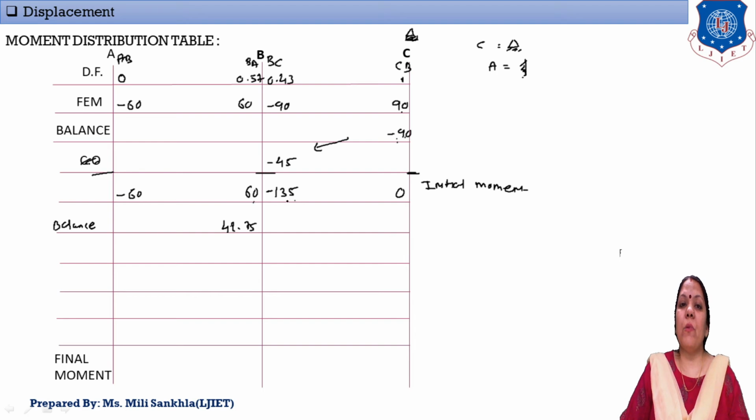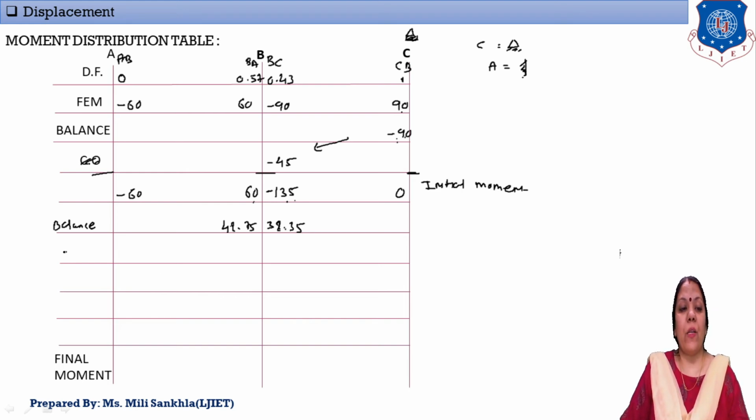Here the difference between these two unbalanced moments is negative, so that balance we take as positive, because if we take the opposite side the joint will be balanced. Now 60 minus 135, the answer will be multiplied with 0.43, and here we apply the opposite sign, and this moment is 32.35.